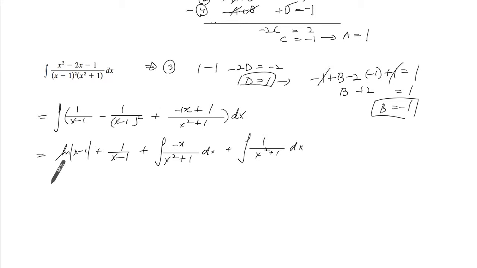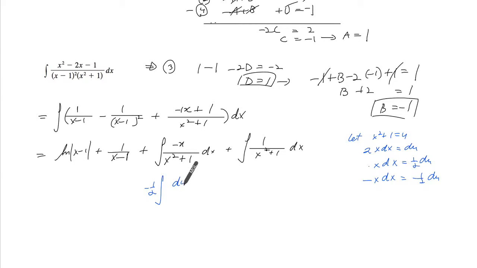So that we can do by substitution. Let x squared plus 1 equal u. Then you get 2x dx is equal to du. So x dx is equal to half of du. So we have minus x dx here, which is equal to minus half of du. So this is going to equal the integral of minus half du over u.